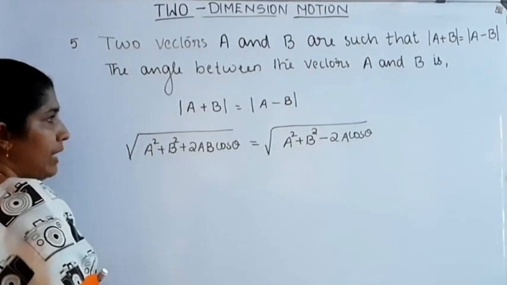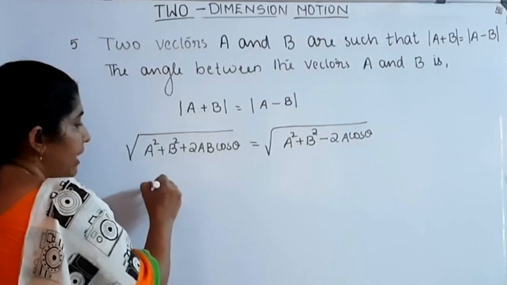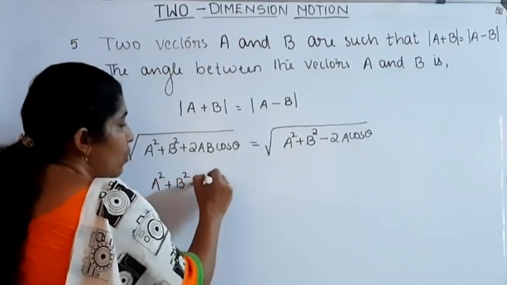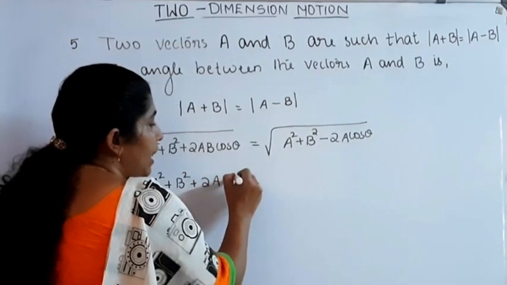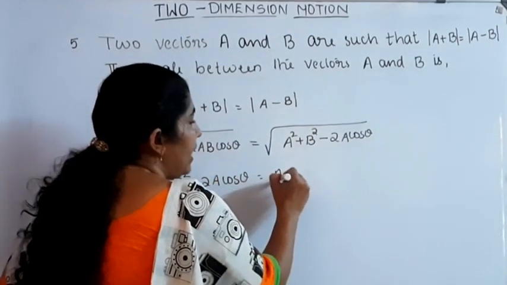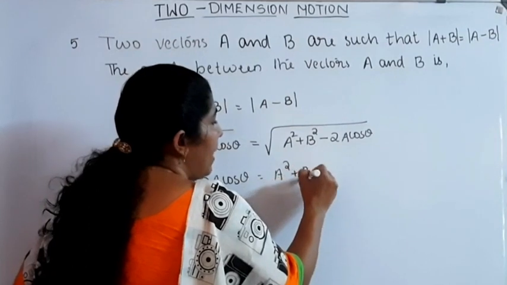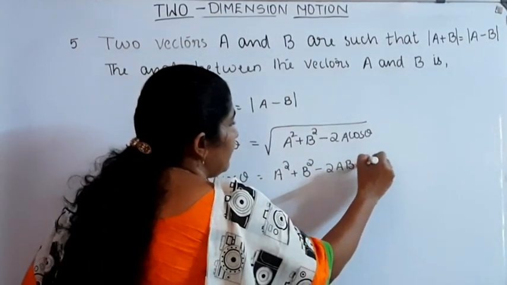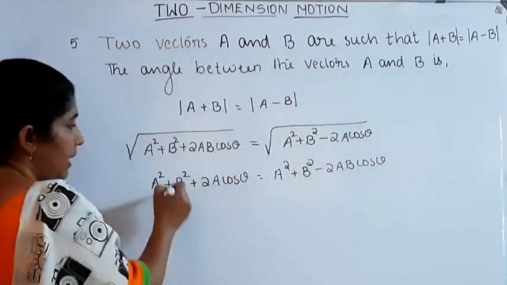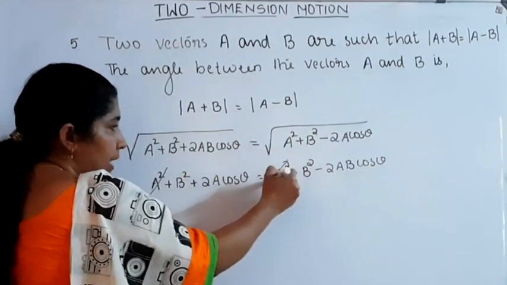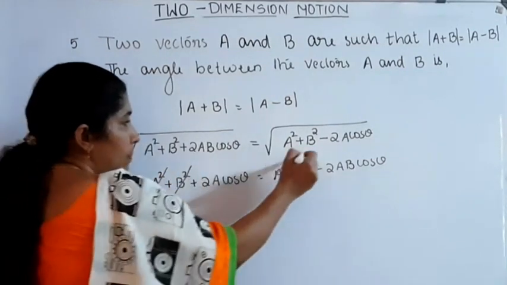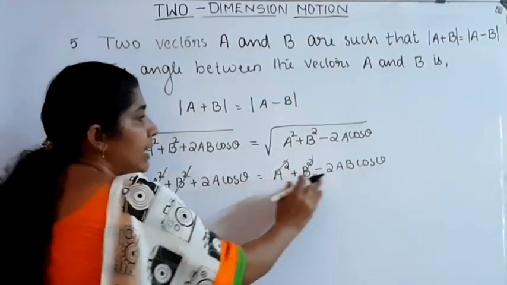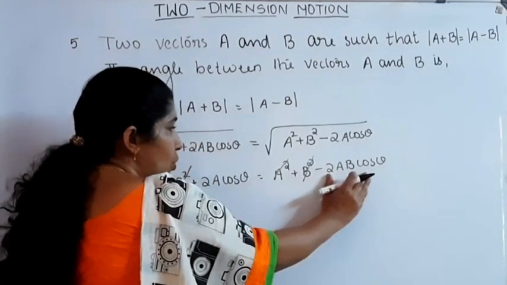Then on squaring these two, we get A square plus B square plus 2AB cos theta equal to A square plus B square minus 2AB cos theta. Then A square gets cancelled, B square gets cancelled. Then 2AB cos theta here is equal to minus 2AB cos theta.